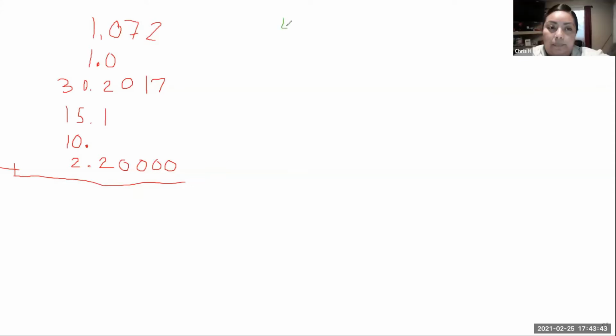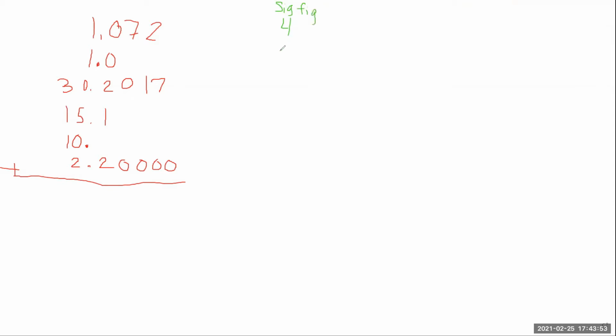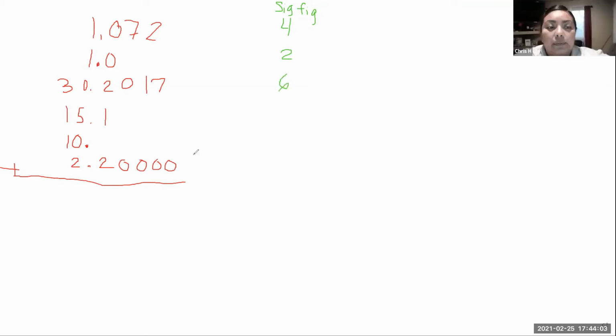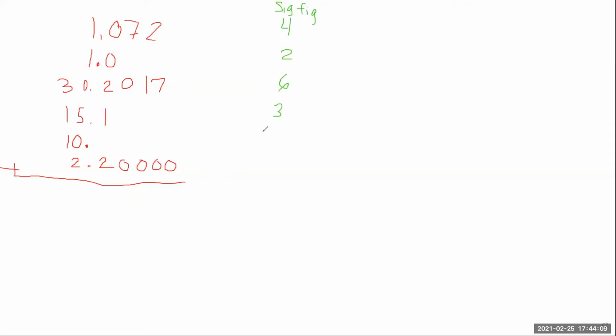What about this number? 2. This number, 6. This number, 3. This number, 2, because it has a decimal. That's correct. Good job.